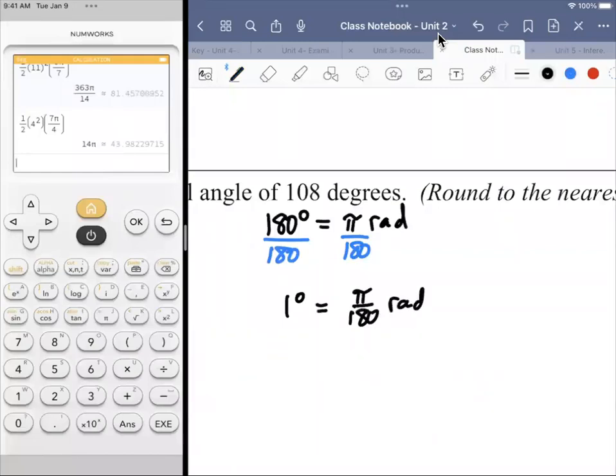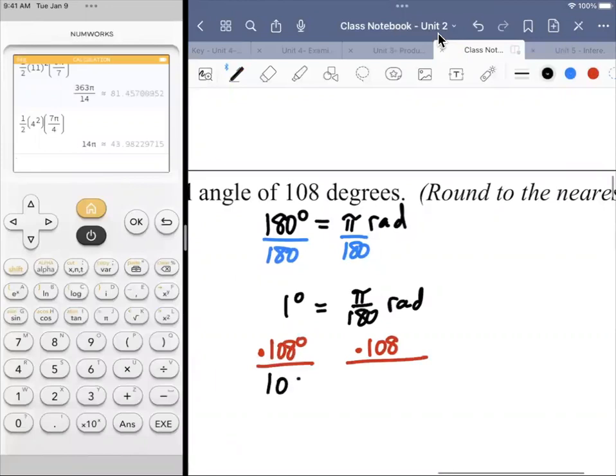If I want that 1 degree to become 108 degrees, I multiply both sides by 108. That makes the left side 108 degrees, and the right side 108 pi over 180 radians.